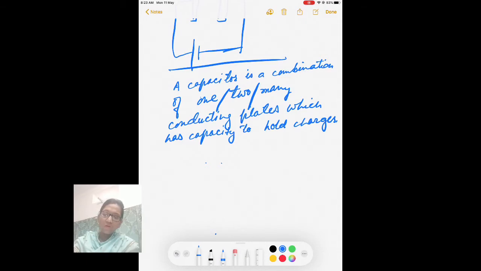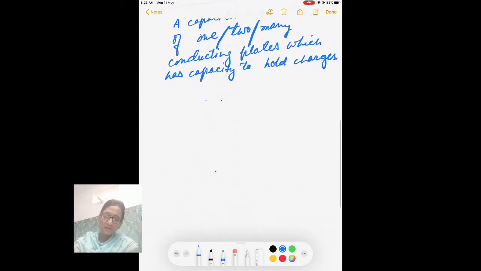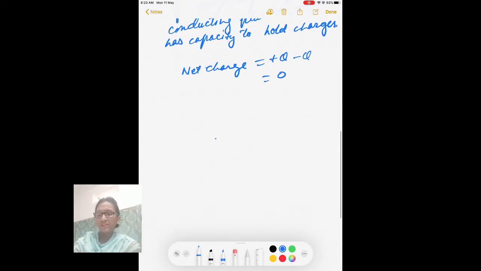Now, what is the charge of this capacitor? Though you can find that net charge is equal to plus Q minus Q is equal to 0. But the charge on a capacitor is taken as the charge on a positive plate.